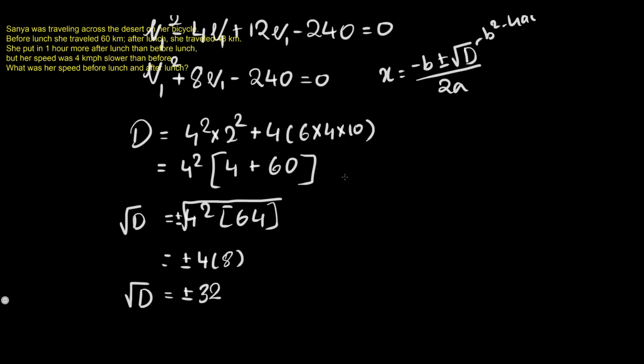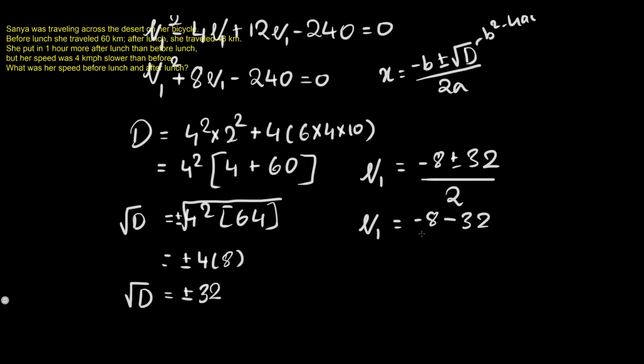Now, using the quadratic formula, we are finding v1, which is equal to minus b, minus 8, plus or minus 32, over 2, and a is 1, so just write 2. Now I'm going to quickly reject minus 8 minus 32 over 2. Why? Because speed can't be negative.